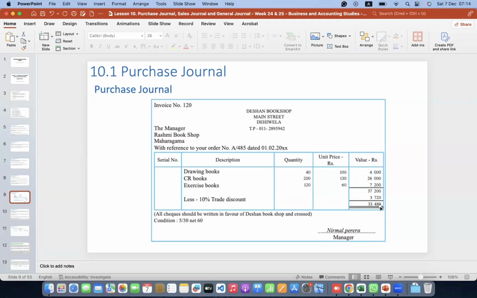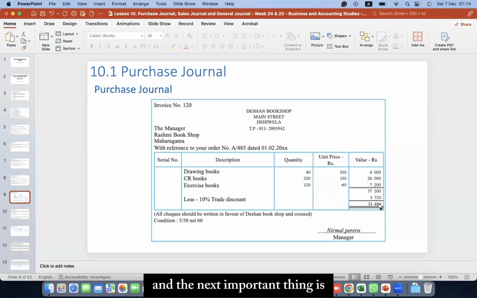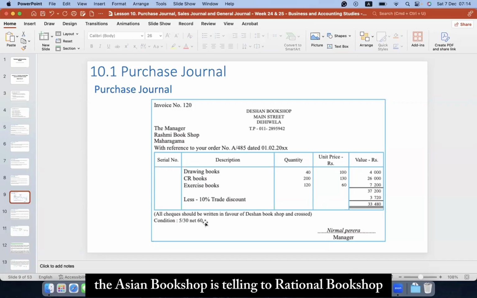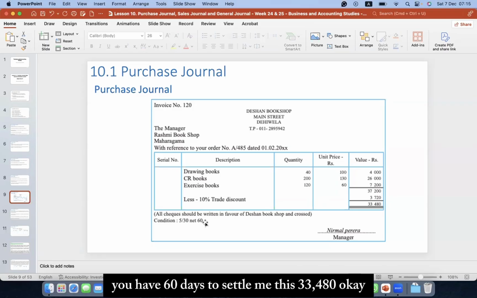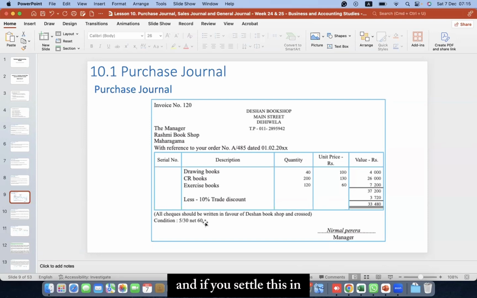Okay, and the next important thing is you have a condition here: 5/30 net 60. What does it mean? Let's say Deshan Bookshop is telling Rashmi Bookshop, you have 60 days to settle this 33,480.